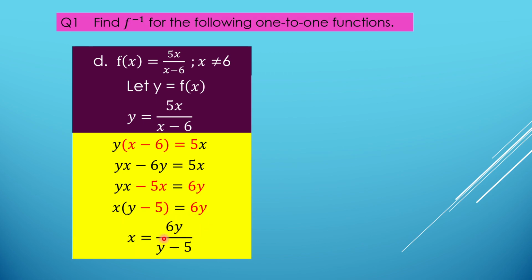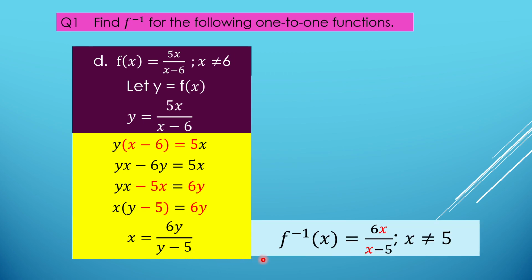So as the final answer, not the final answer yet, the second last step. So x equals 6y over, bring the y minus 5 down, so it becomes over y minus 5. And the answer has to be written in terms of x.